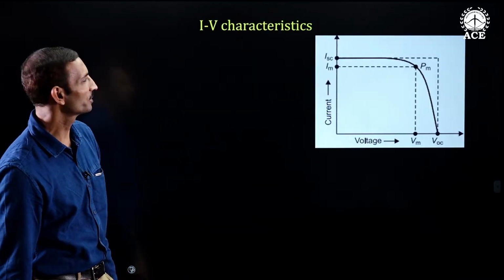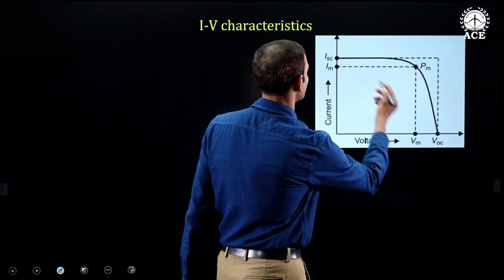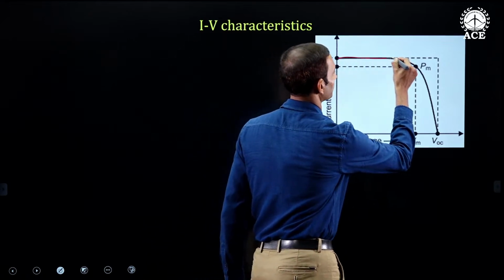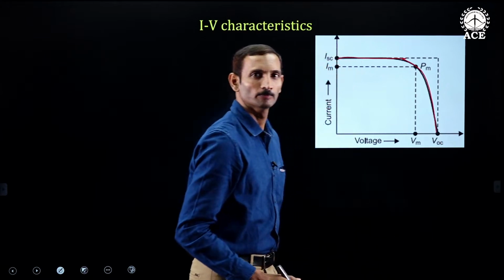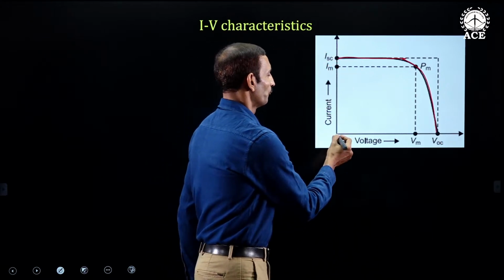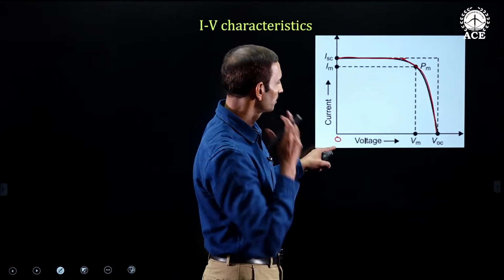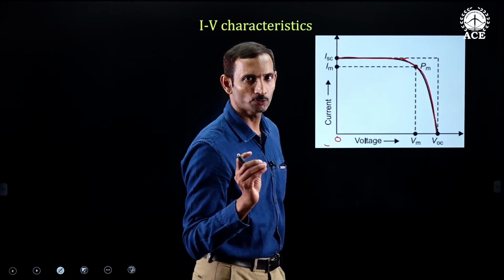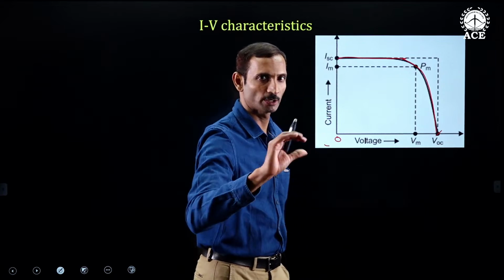Now, the IV characteristics of this solar cell. We'll have voltage on the x-axis, current on the y-axis, and they would be like this. When the circuit is open, maximum voltage would be there. That is what we call the open circuit voltage across the two ends of the diode.